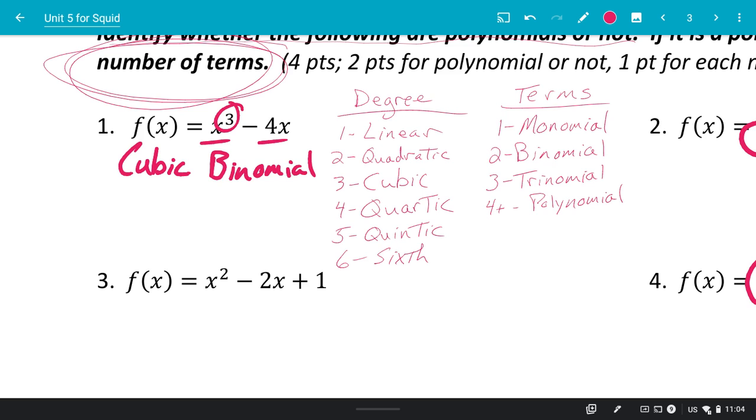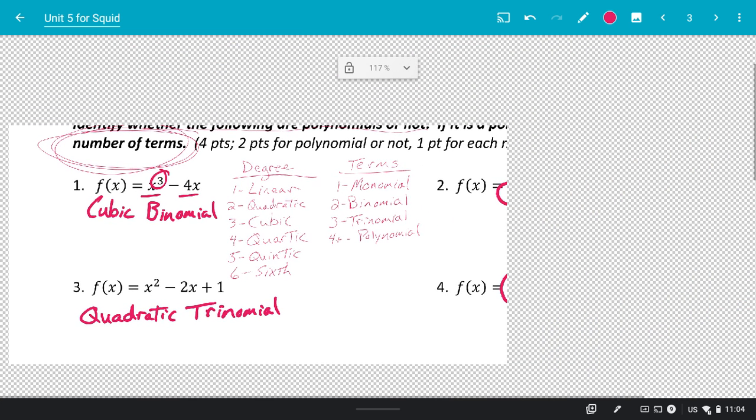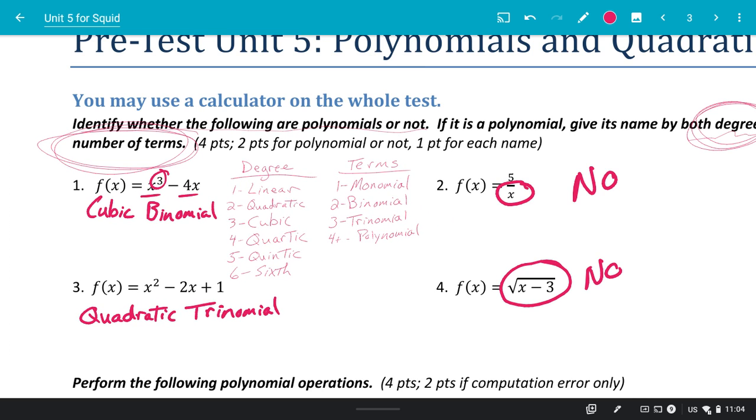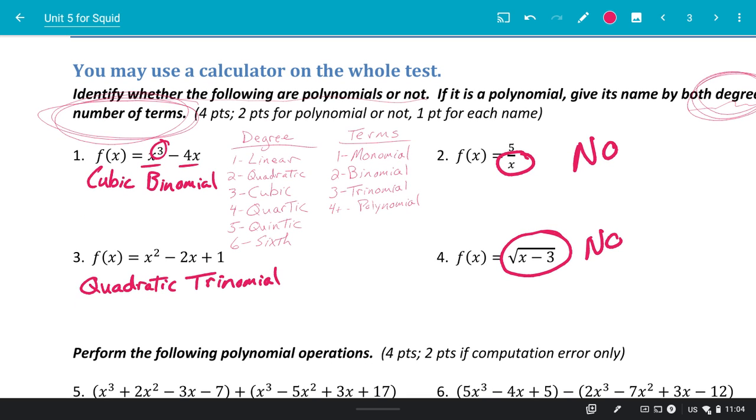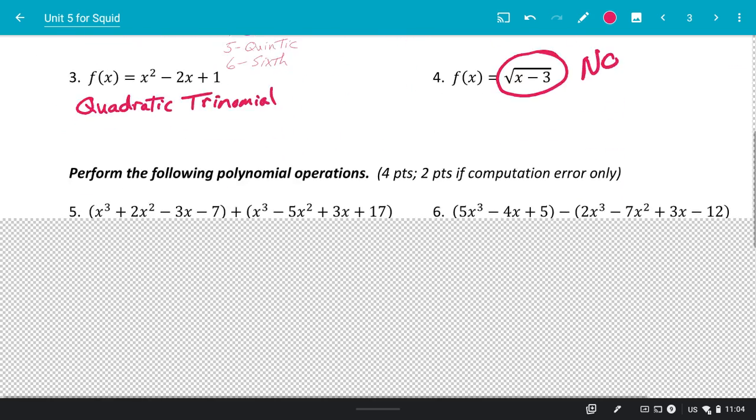Caden, what do you got? Quadratic trinomial. Very good. Excellent. So 1 through 4 on the test, we should be golden on. Yes? All right.